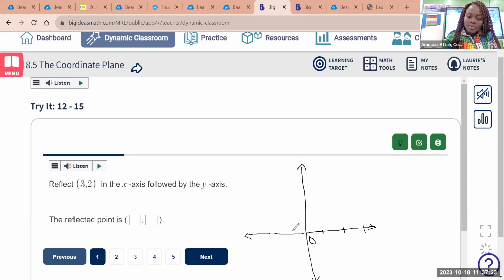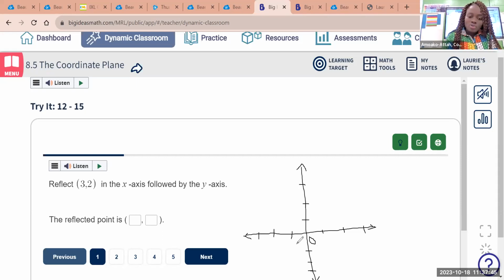Then I have -1, -2, -3. That is the numbers to the left from the origin, and +1, +2, +3 to the right.